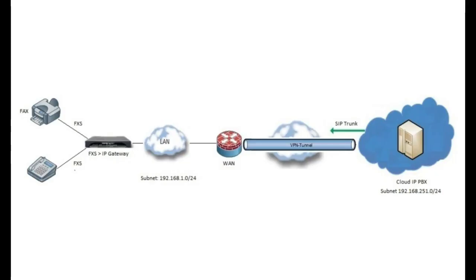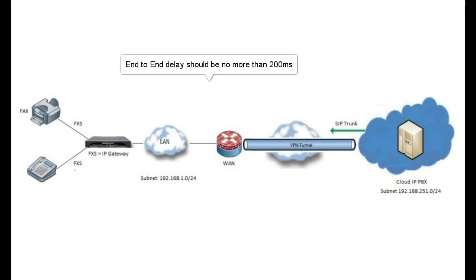So let's take a moment to have a short introduction into QoS in environments using VPN tunnels. Generally, QoS, or quality of service, is the practice of configuring our networks to provide good quality voice. This includes minimizing delays and interruptions to the communication stream.